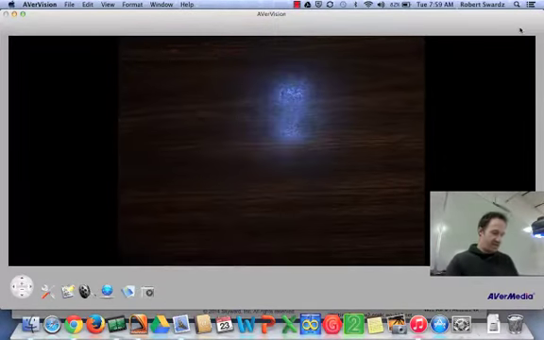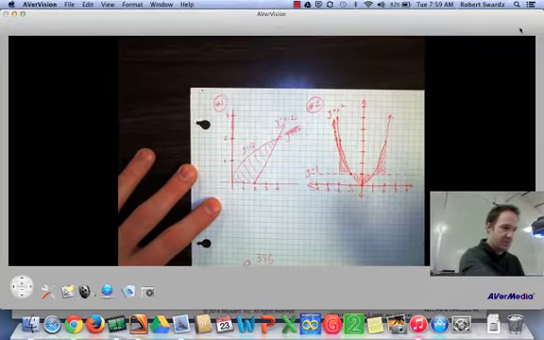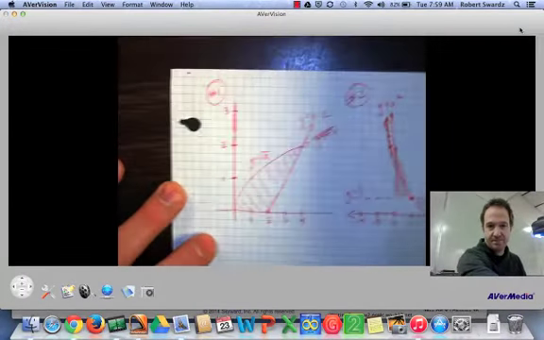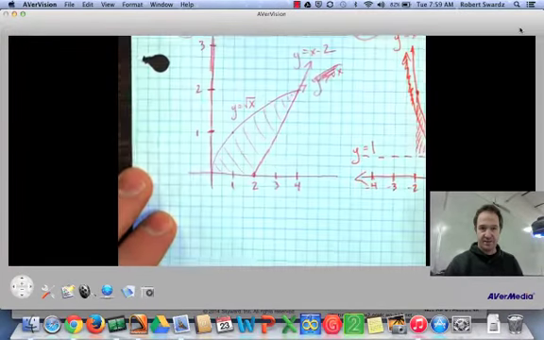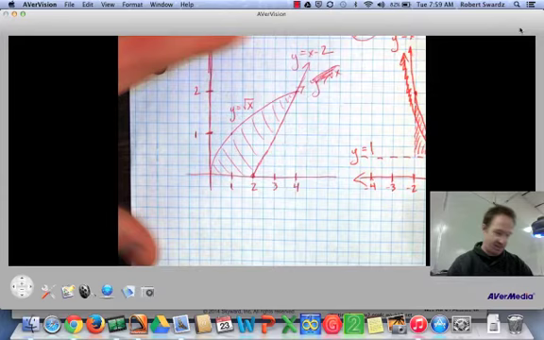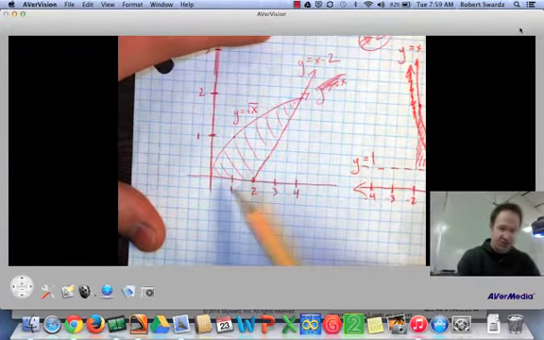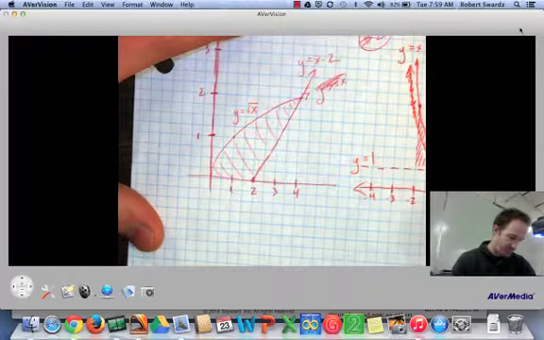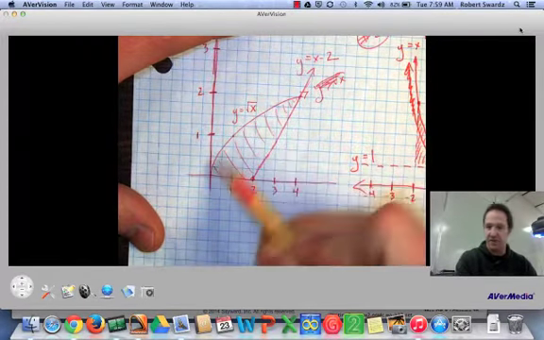Again, let's take a look at a couple examples. So this first one, we've got the square root of x and the line y equals x minus 2, and we want to find the shaded area. Now notice the top function for the shaded area is always the square root of x.